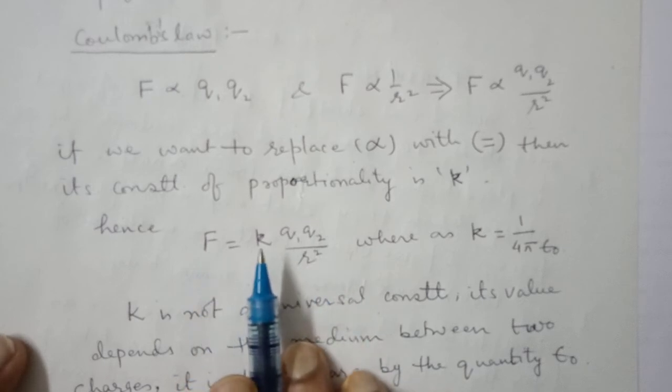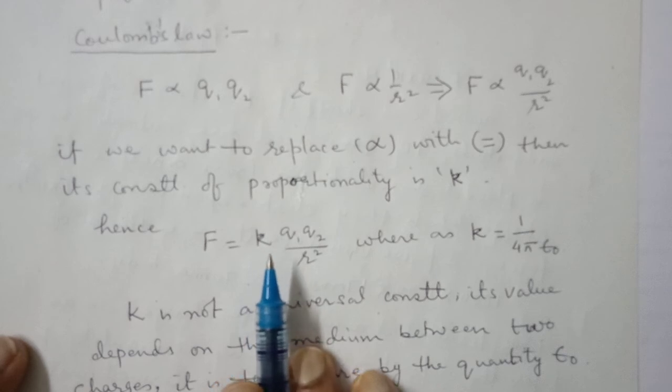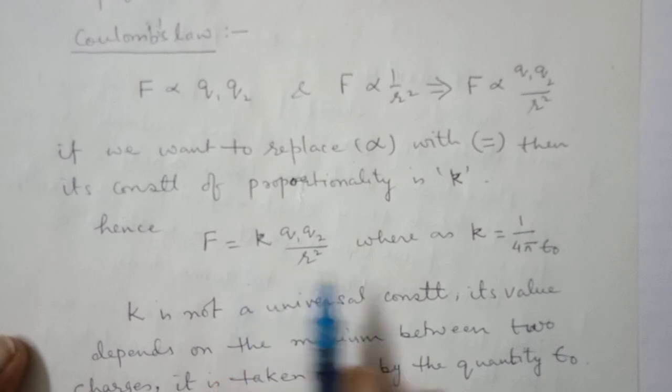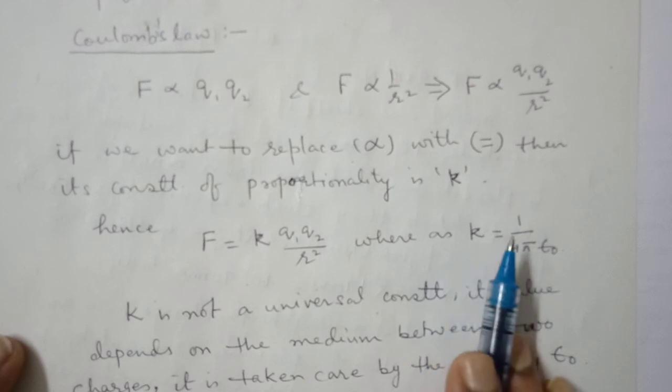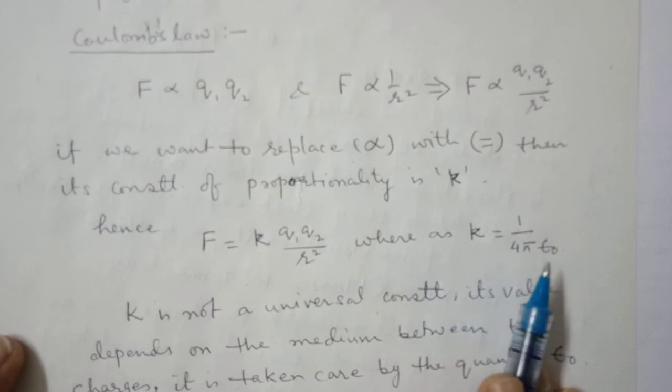This K is not a universal constant. It depends upon the medium, and it is given by the expression K is equal to 1 by 4 pi epsilon naught, where epsilon naught is the absolute permittivity of free space.